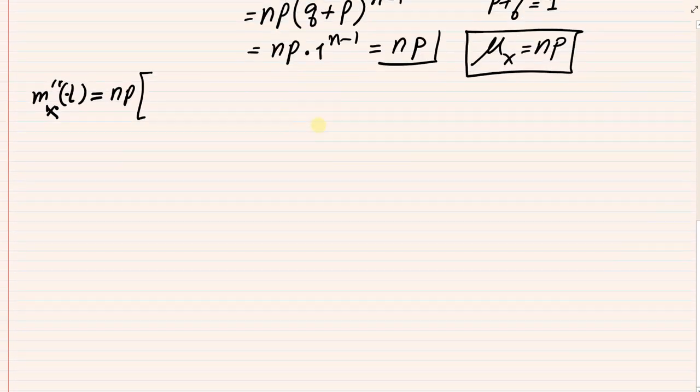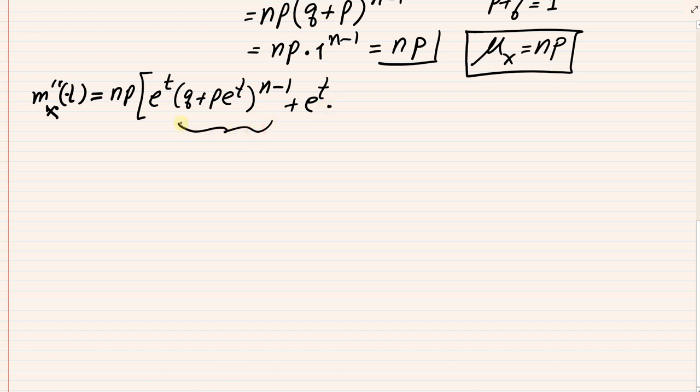So that's going to be np times the derivative of first times second, to the n minus 1, and then plus first times derivative of second, which is this one. The derivative of that's going to be n minus 1, and then q plus p e to the t, to the n minus 2, and then by chain rule the derivative of the inside, which is going to be p e to the t.